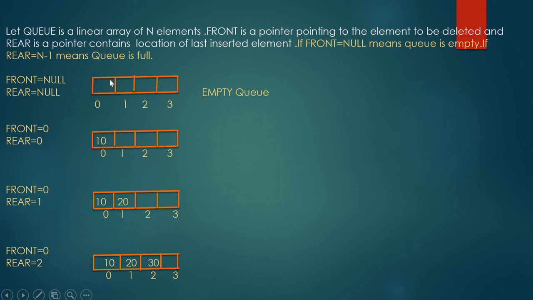Then next you are going to insert the first element. In that case, see what is happening to these pointers. Front and rear both change to 0. Both pointers, front and rear, are changing to 0.